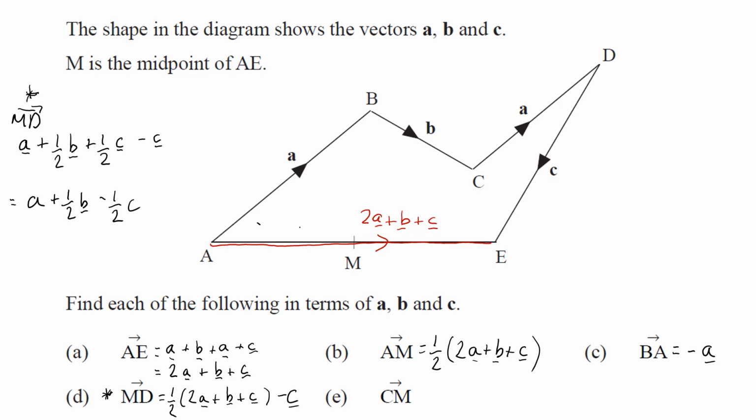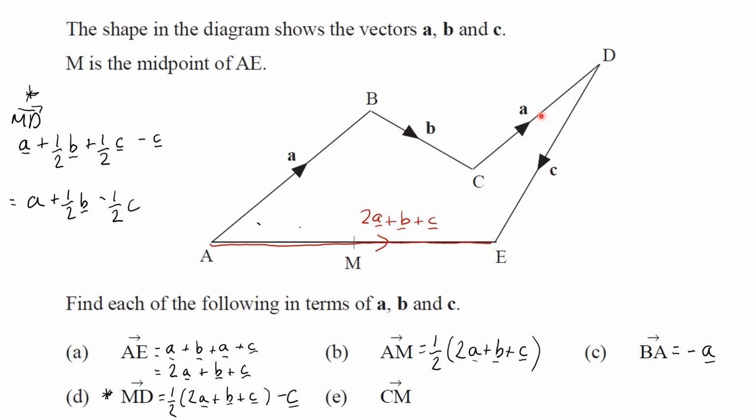Okay, finally, how do we get from C to M? Okay, well, from C to M, there's 3 different routes here. You could go backwards to B, backwards to A, then halfway along, or you could go on to D, on to E, then back this way.